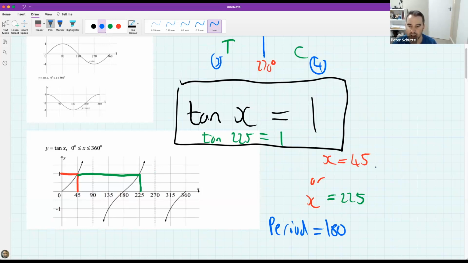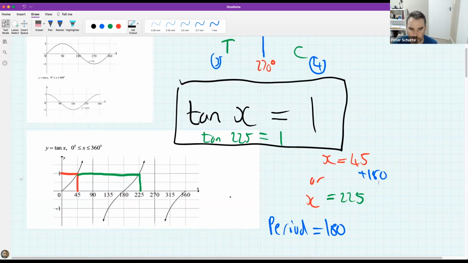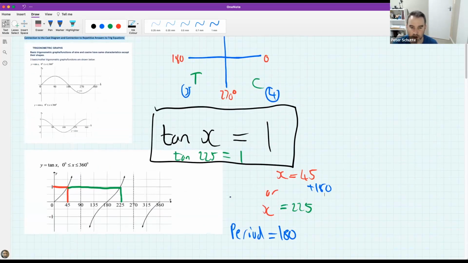That's why if you add 180 to 45, you get the next solution. So trig graphs are periodic, they repeat. But the tan graph has a period of 180, while the cos graph and the sine graph have a period of 360 because they have a slightly different shape.